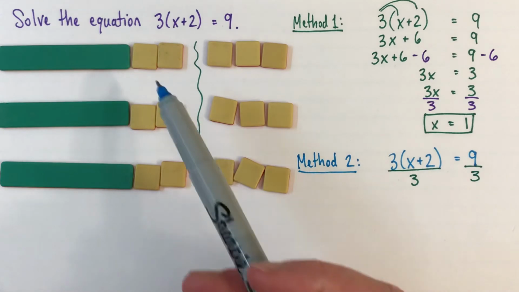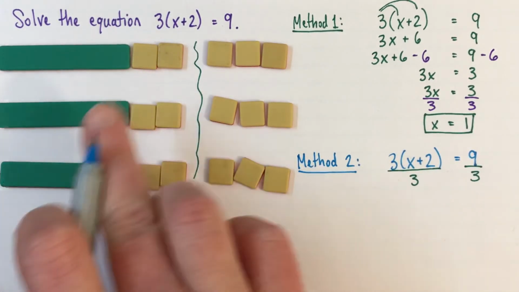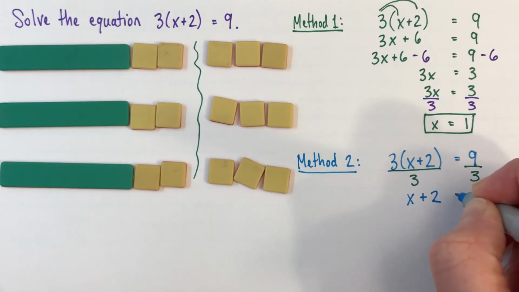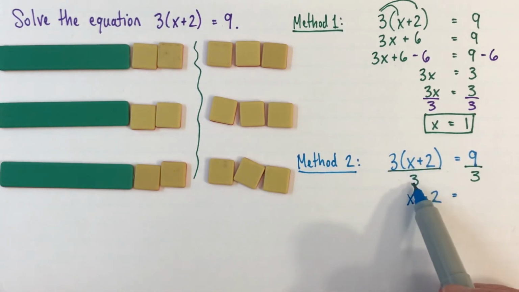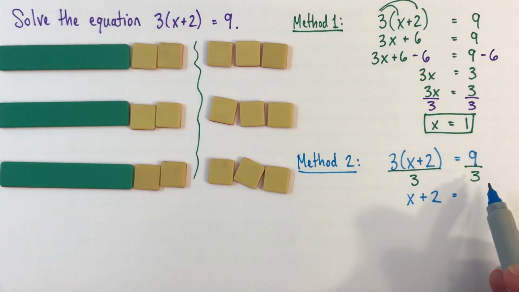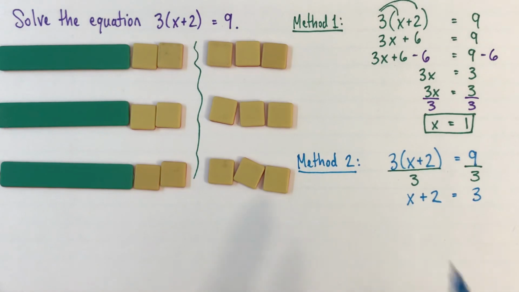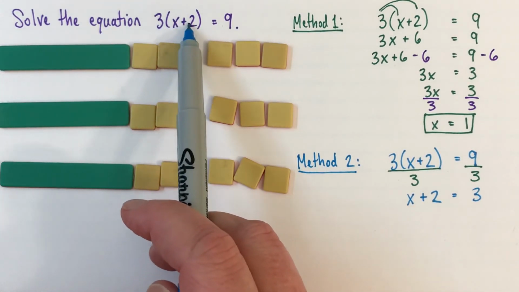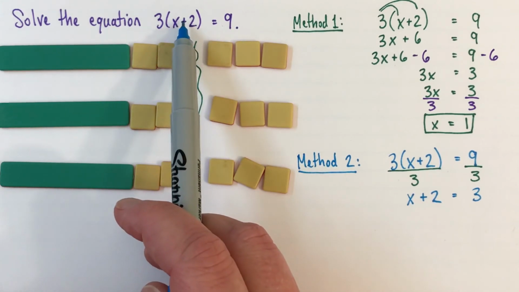So 3 times x plus 2, divided by 3, is just equal to x plus 2. And on the right-hand side, 9 divided by 3 is 3. So this really makes a lot of sense. Something, in this case x plus 2, times 3 divided by 3 just gives you the original something that you had, the x plus 2.